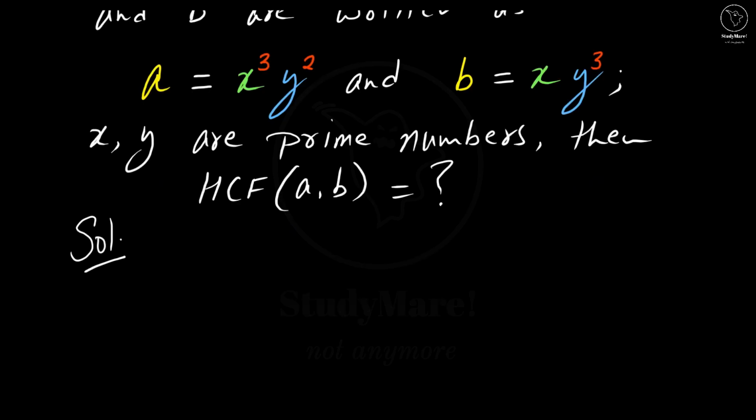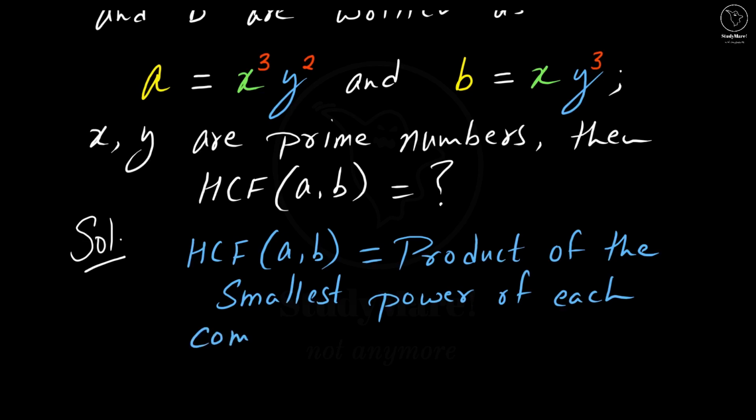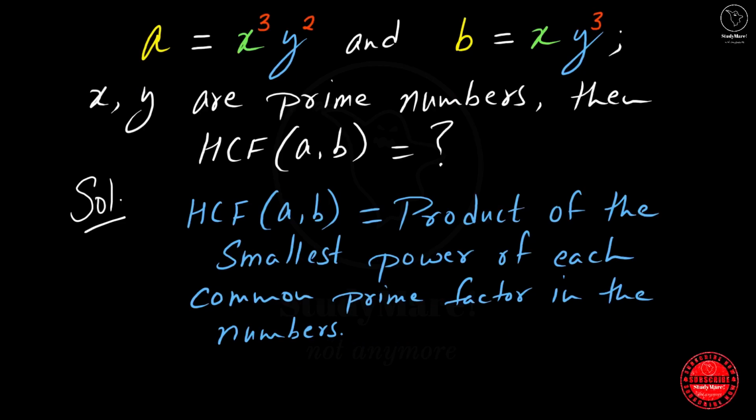There is a very simple rule that says the HCF of any two numbers a and b is equal to the product of the smallest power of each common prime factor in the numbers.